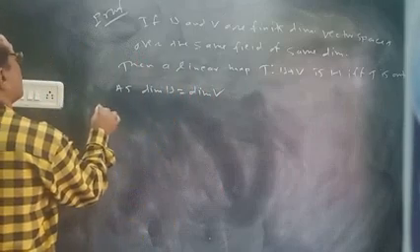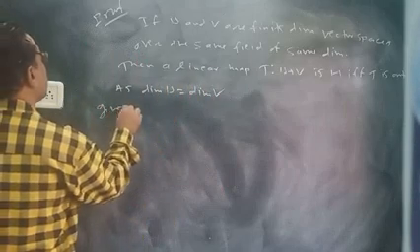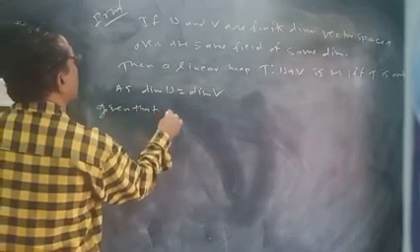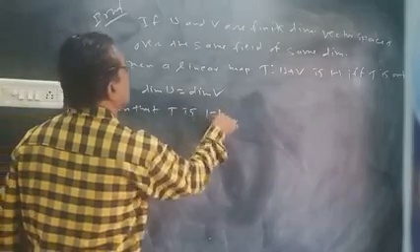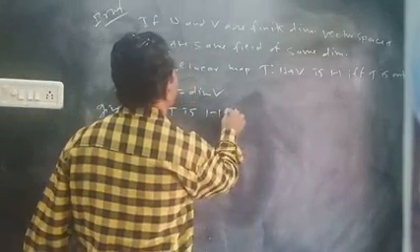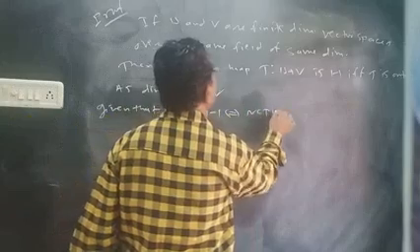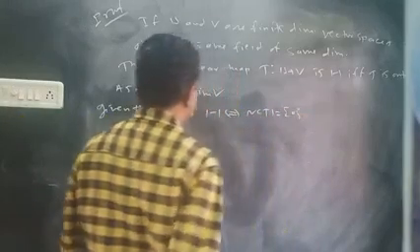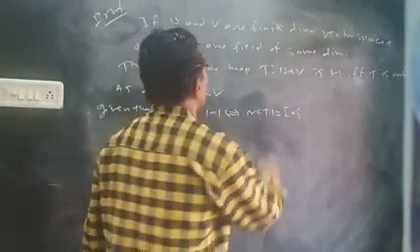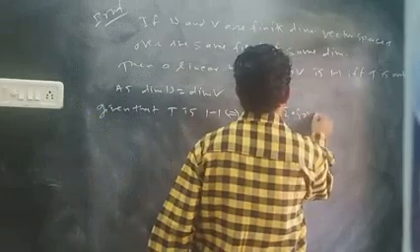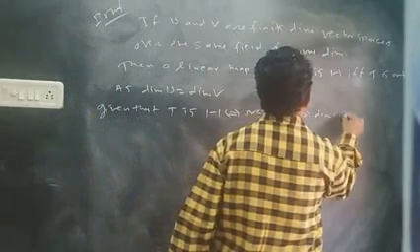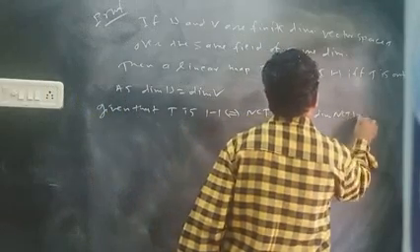Now, given that T is 1-1. When 1-1, we know by theorem that NT equals 0. So NT is 0, and the dimension of NT will be 0, since NT contains only the 0 vector.